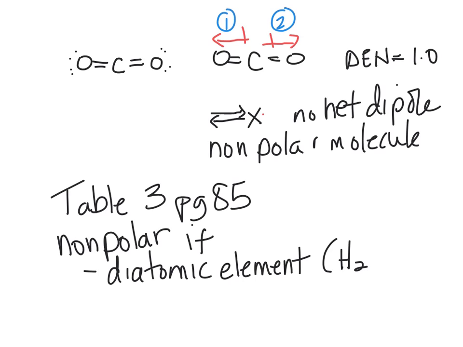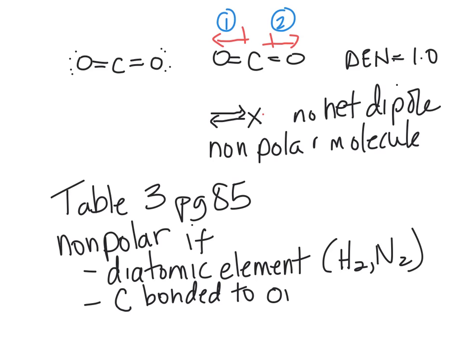So these are your, for instance, your diatomic elements. There's 7 of them. And you're also nonpolar if you are carbon bonded to only one other type of element, and there is an even number of that element.